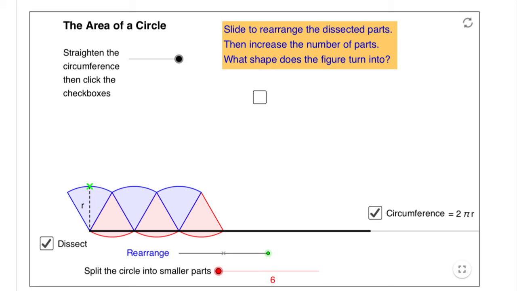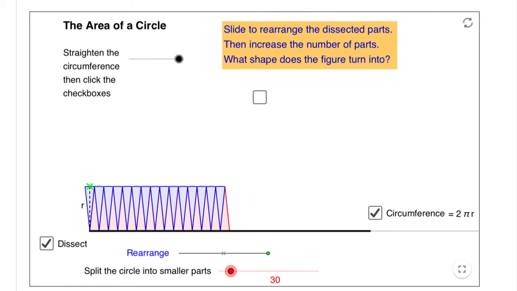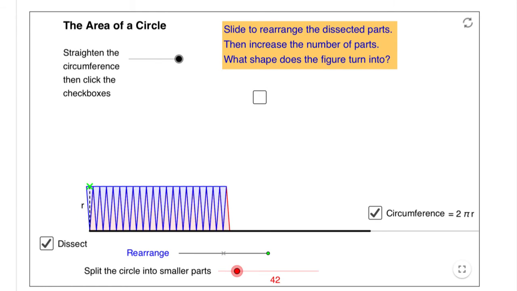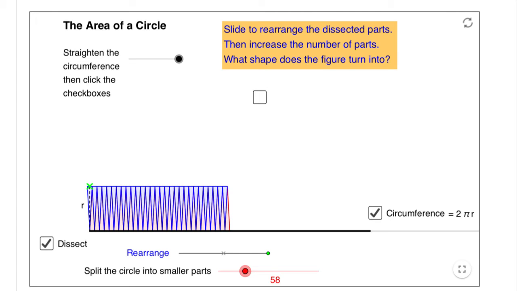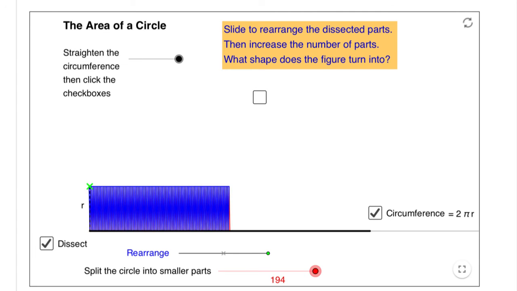Now, if we split the circle into smaller parts, when we had split the circle into 6, if we split it into 30, this is what the shape would look like. If it was 58, and if we do it to a lot more, then we can see the shape resembles a rectangle.